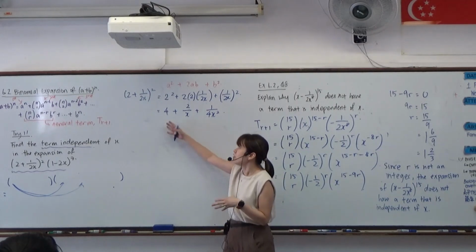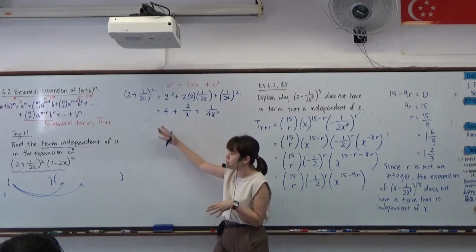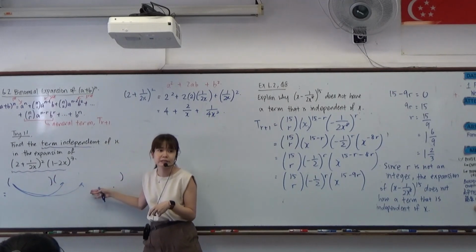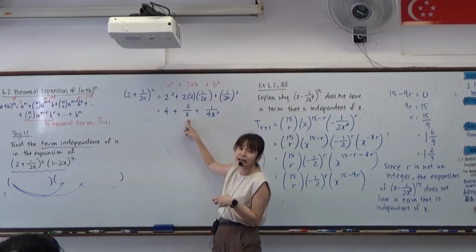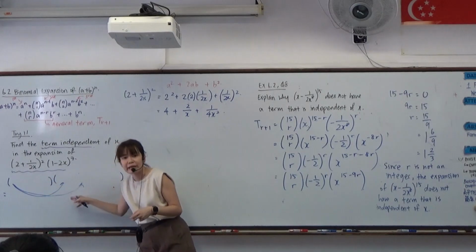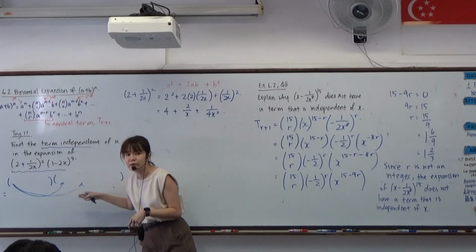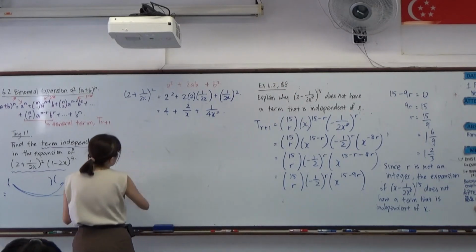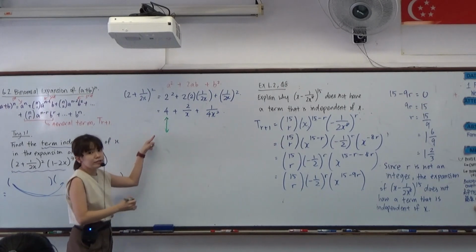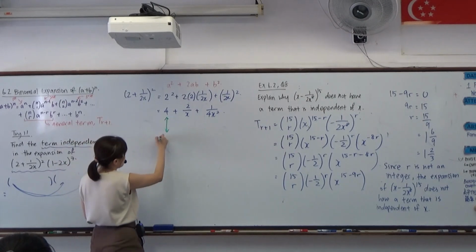But of course, 4 is not the only one that is going to go through the rainbow method. My 2 over x also will go through the rainbow method. My 1 over 4x squared also will go through the rainbow method. So what does this tell me? I'm going to look for the one that is independent of x.